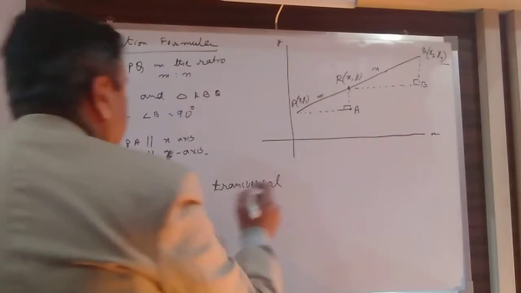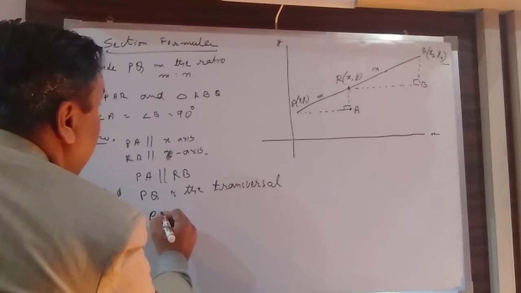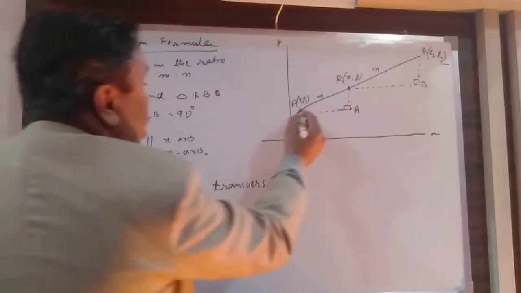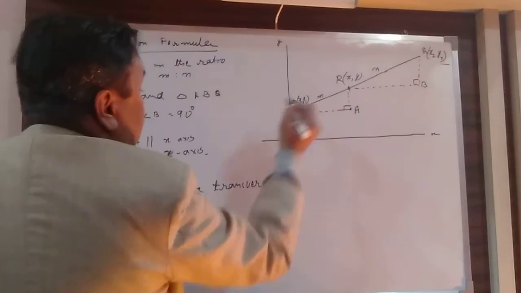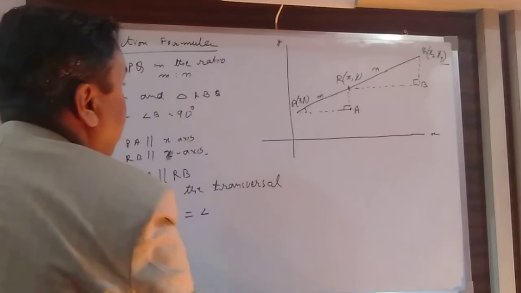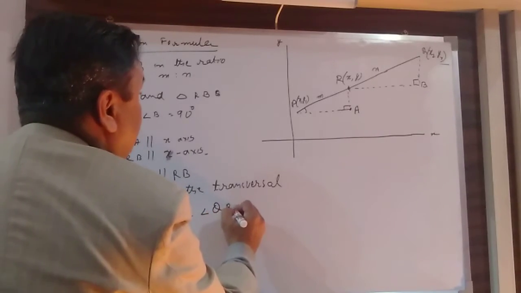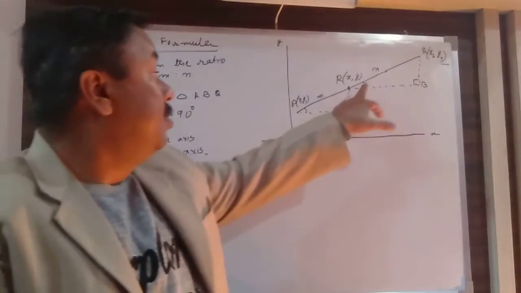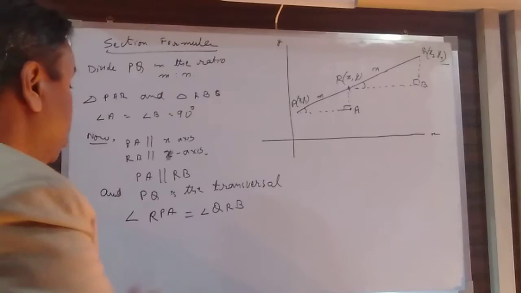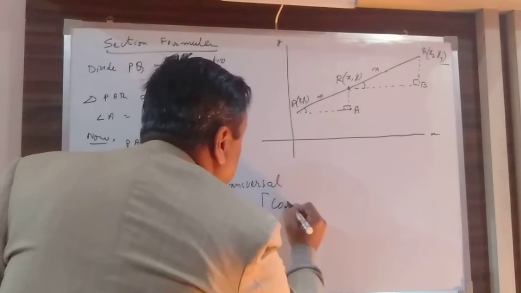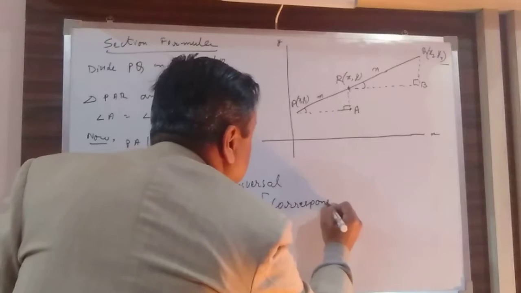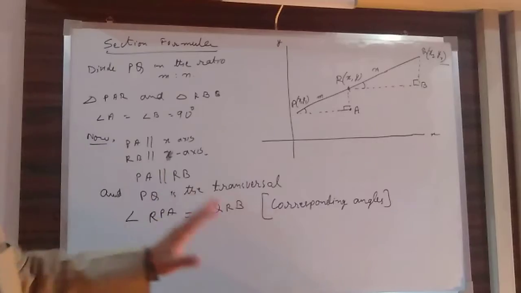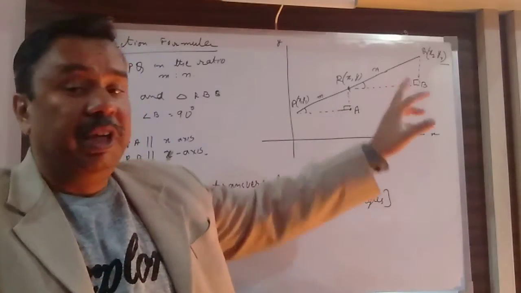So I can say angle RPA, that is this angle, will be equal to angle QRB. Why are these two angles equal? Because they are the corresponding angles.